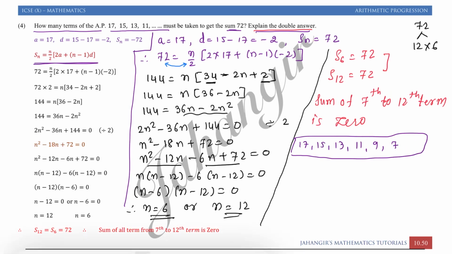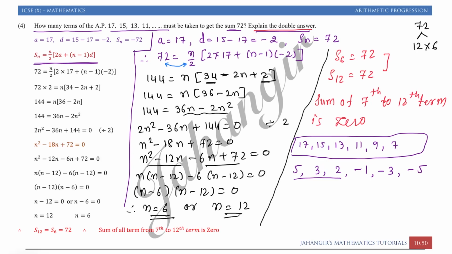Now I will write another 6 terms: 5, 3, 1, minus 1, minus 3, minus 5. So if you see, 5 plus 3, 8, plus 1 is 9.